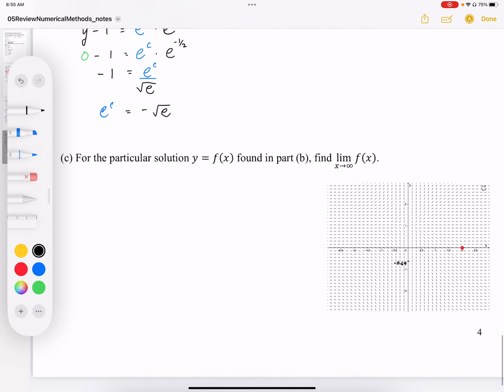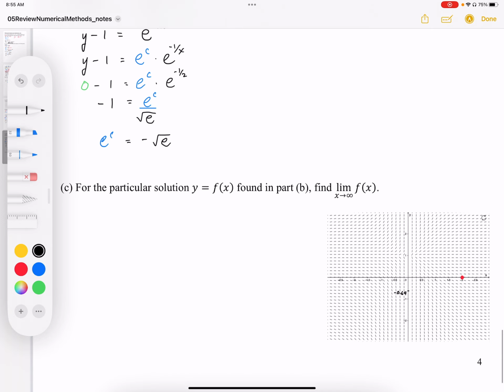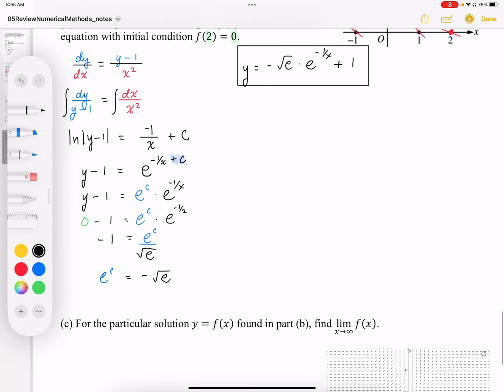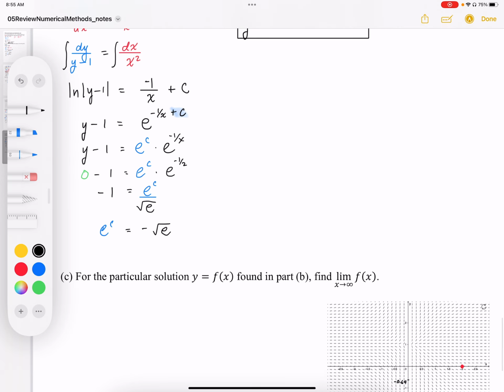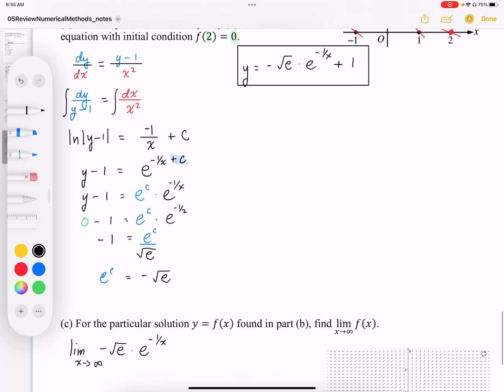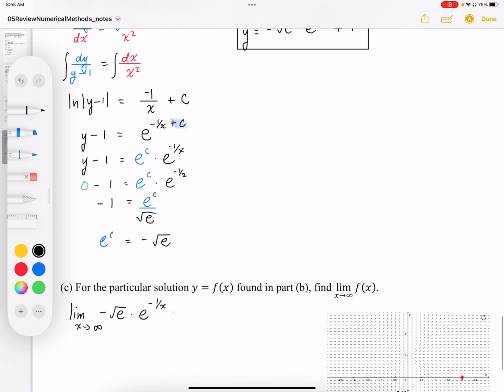For part C, we're asked to find the limit of this function as x goes to infinity. So I'm going to rewrite this as a limit. The limit as x approaches infinity of negative root e times e to the negative 1 over x, plus 1.